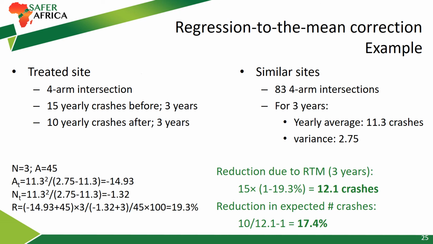Therefore, to calculate the effect of the intervention, we have to compare the observed 10 crashes per year during the after period with the 12.1 yearly crashes that would be expected without intervention. And the result is shown in the last equation of the slide.